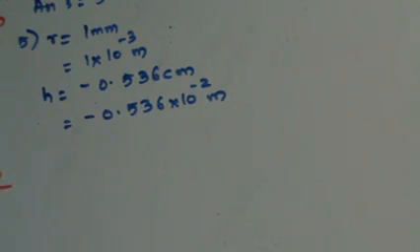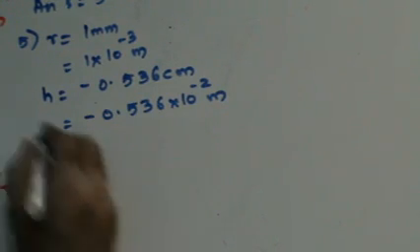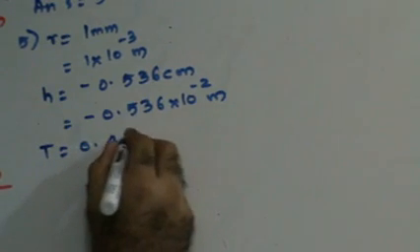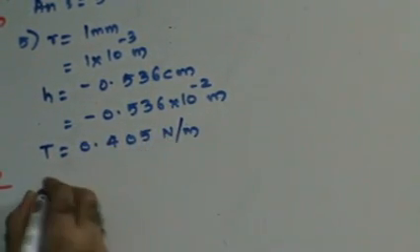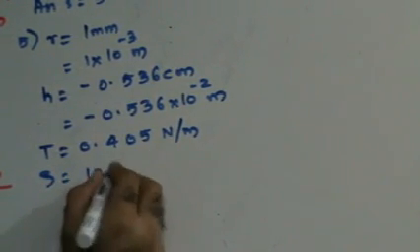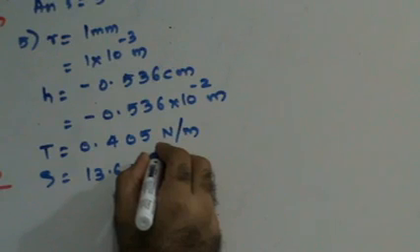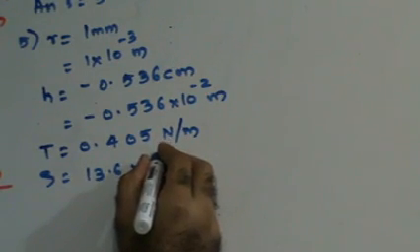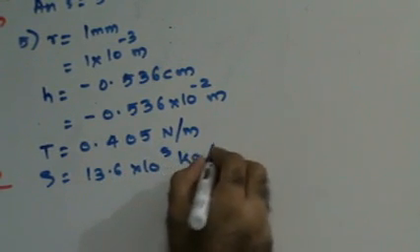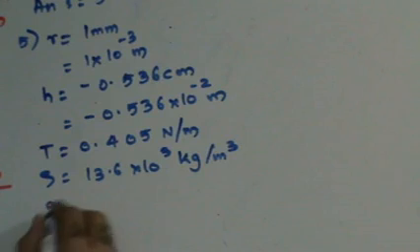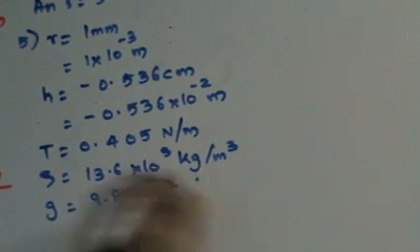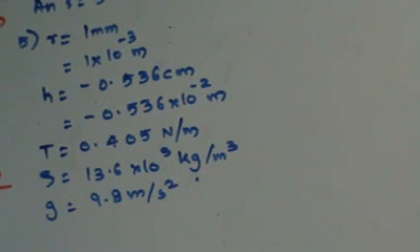Find the angle of contact if the surface tension is 0.405 newtons per meter, density of mercury is 13.6 into 10 raised to 3 kgs per meter cube, and g is 9.8 meters per second square.